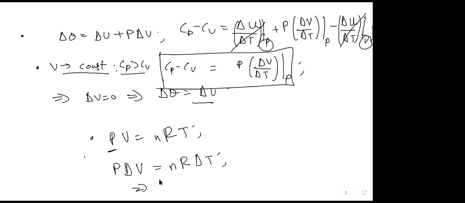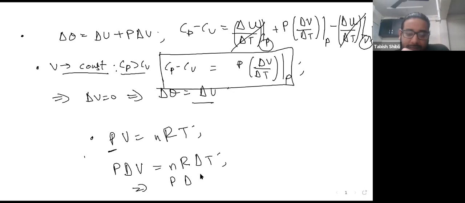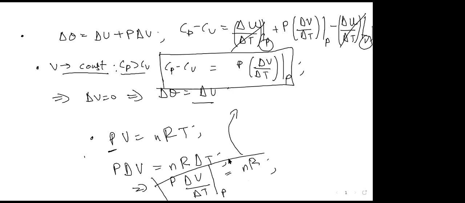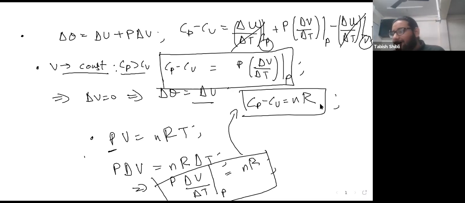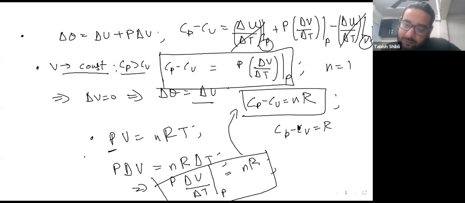So this would mean that P delta V by delta T, at constant pressure, should be equal to nR. We can substitute this here because the left hand side is exactly the same. And what we get is Cp minus Cv is equal to nR, the number of moles times R. And if I consider n equal to 1, my Cp minus Cv is just equal to R.